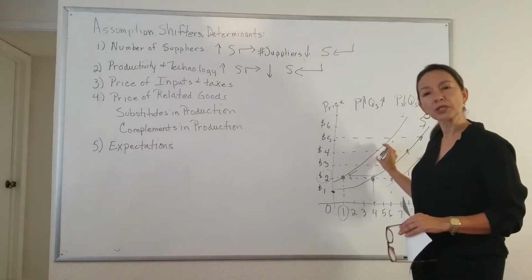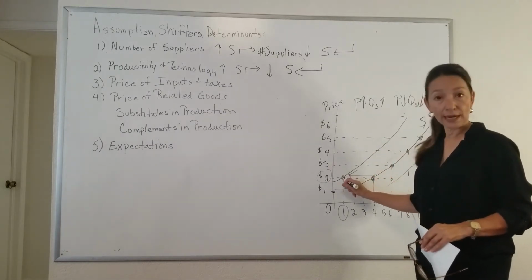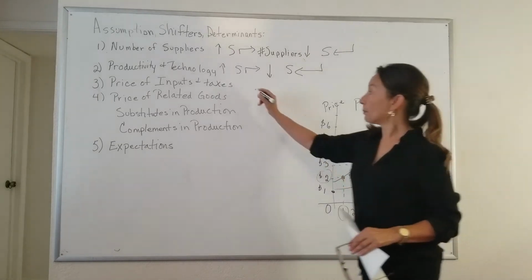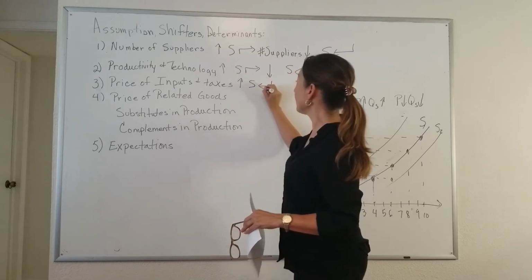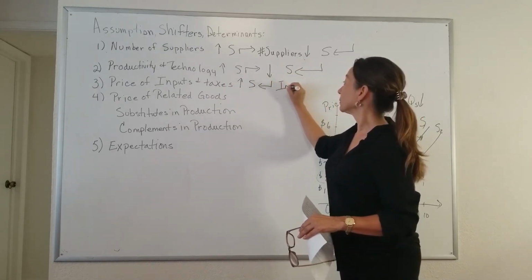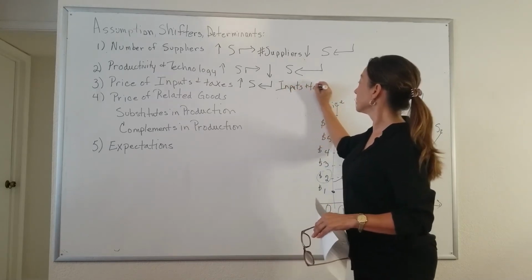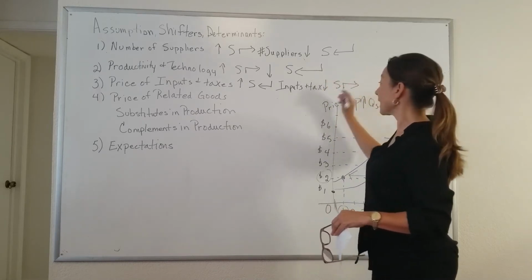I can't buy as much ingredients as I could before and keep the price the same. Okay? So when input prices go up, supply shifts to the left, and when inputs and taxes go down, supply will shift to the right.